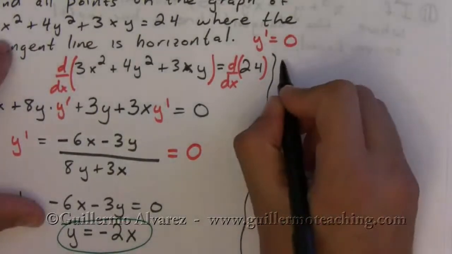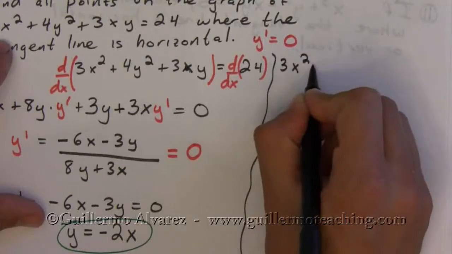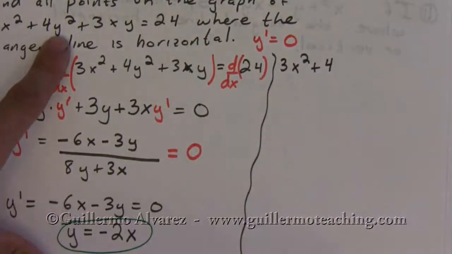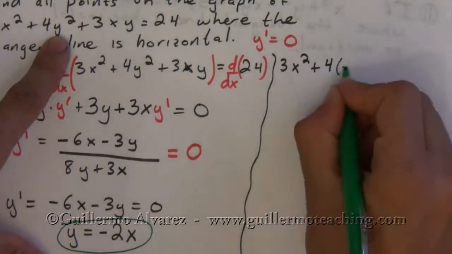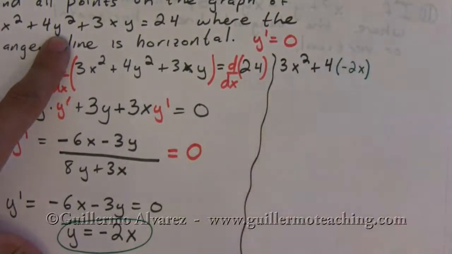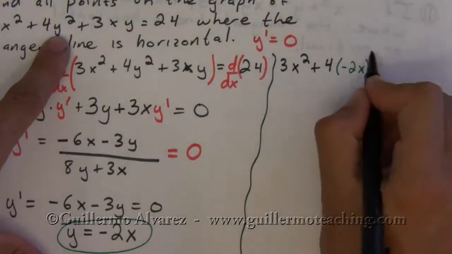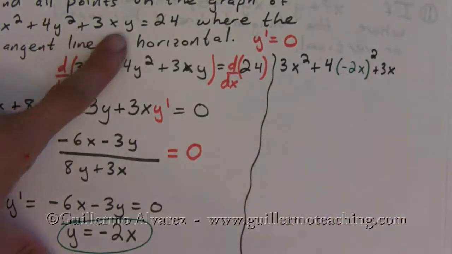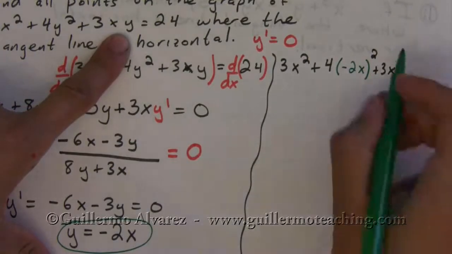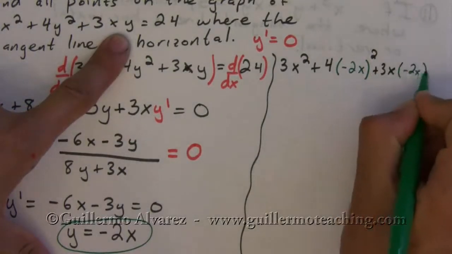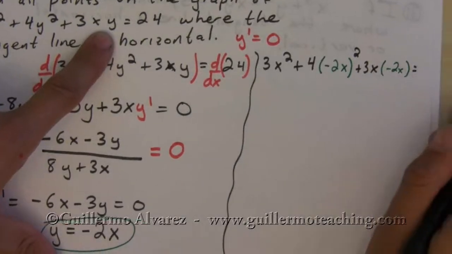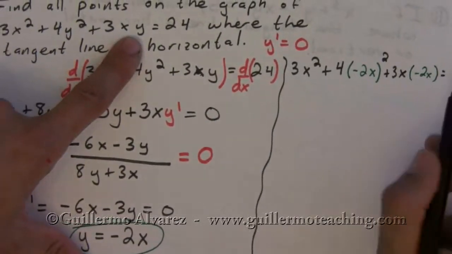And so what we have is that 3x squared plus 4, now here, instead of y, I'm going to do negative 2x, squared, plus 3x, now instead of y, I'm going to put negative 2x, is equal to 24.